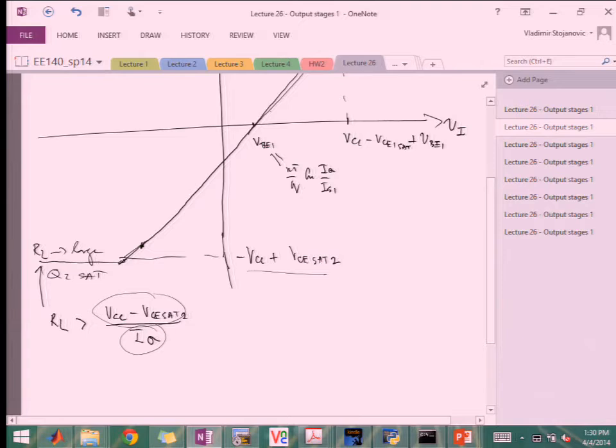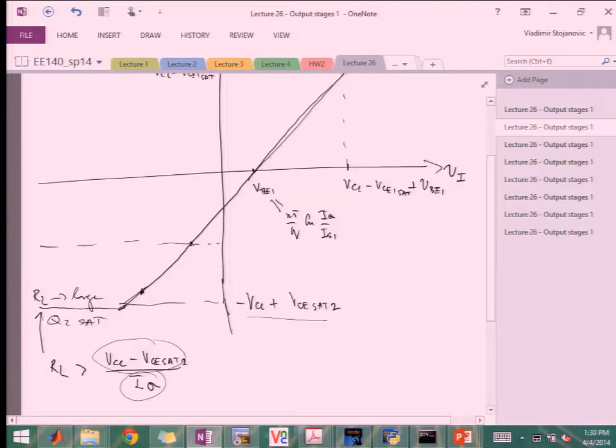Right? If it's not, then I'll have some situation like this, where the max value I can hit will be minus RL IQ. And so let's say this is, for example, for RL equals RL2. RL2 will be smaller than VCC minus VCE sat2 over IQ.